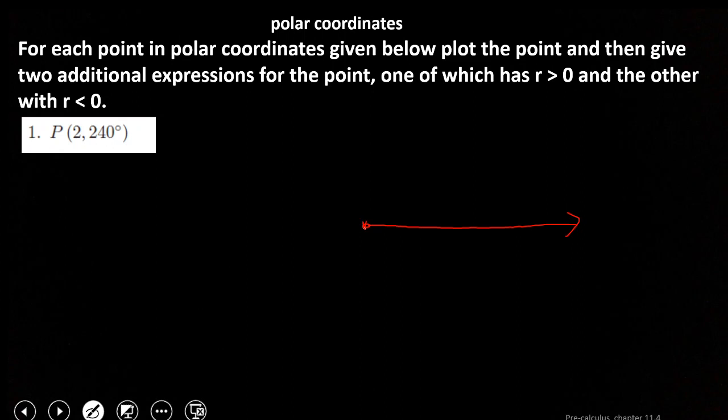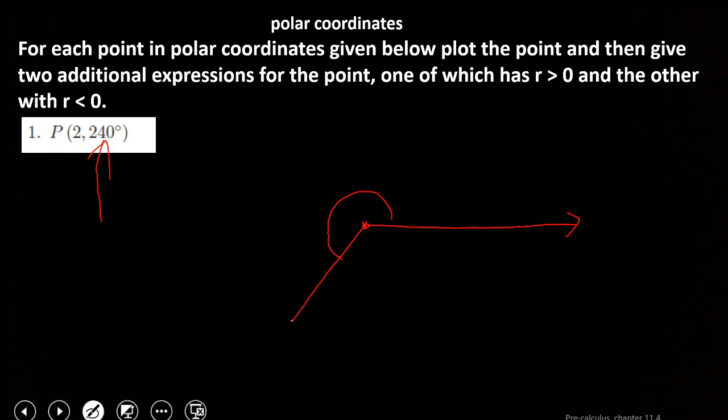Now, there are two ways to do this. One way is to make the angle first, which is the easier way to do it. So we always make the angle first. So we're going to make a 240 degree angle. That's 180, right? 240 is about right here, right?